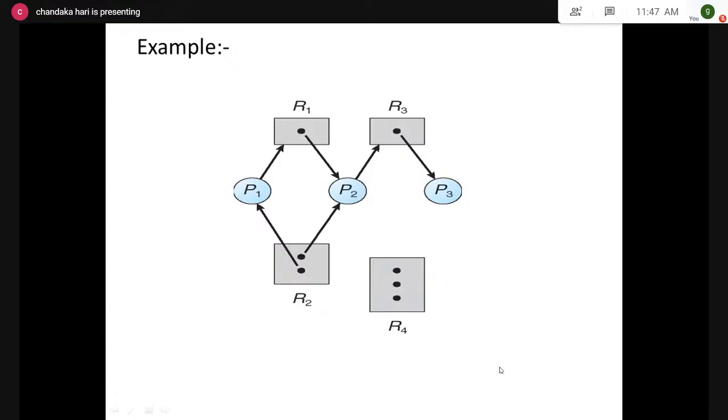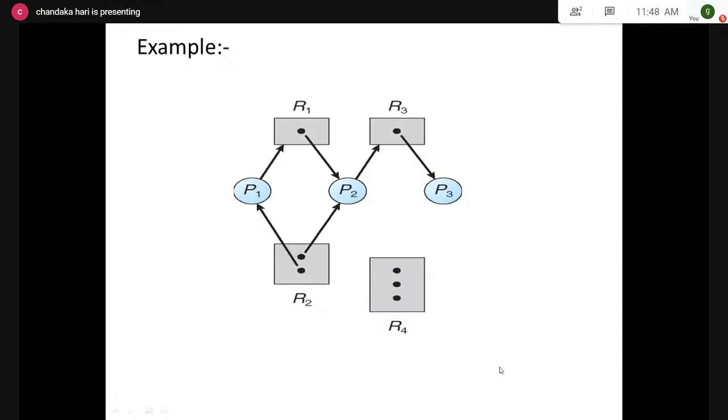This dot indicates there is only one instance of resource type R1 available. There are two instances of R2, only one instance of R3, and three instances of R4. You can think of it as three tape drives, two printers, and so on.